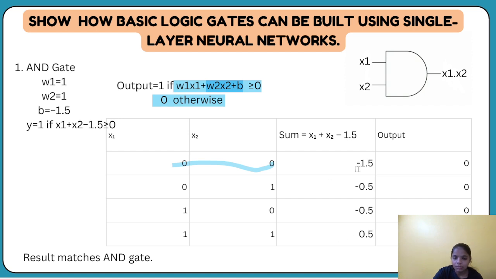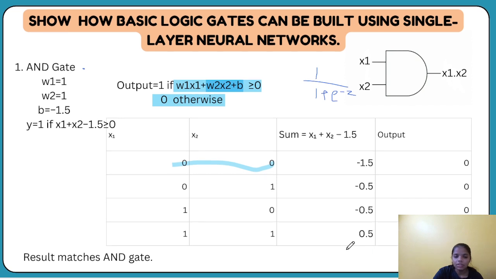When we substitute this sum into our sigmoid function, 1 upon 1 plus e raised to power minus z, we get our desired output as 0, 0, 0 and 1. And when we create our normal AND gate table using the dot operator between the inputs, both the tables get matched, so our result matches the AND gate.